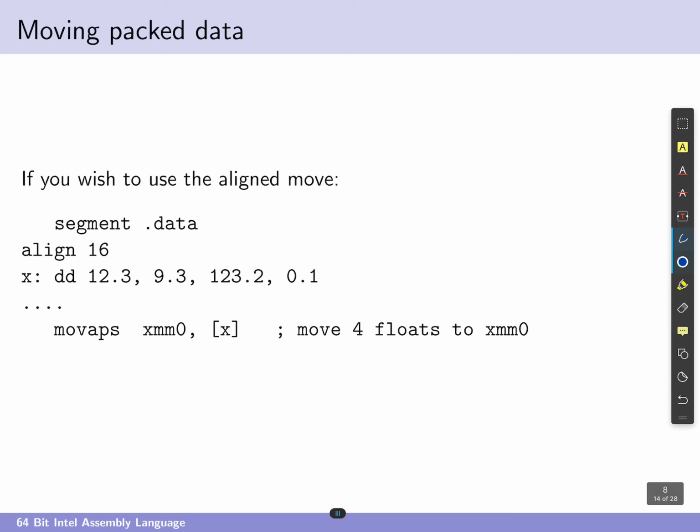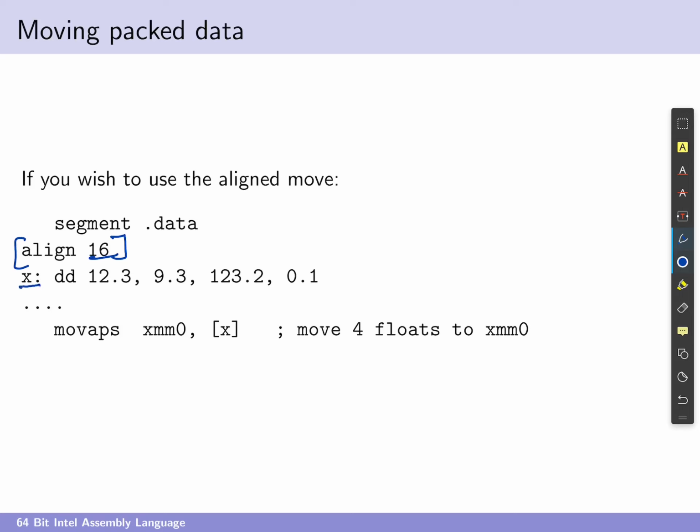So how do I actually perform an aligned packed move? I showed you an example of an unaligned move, and we can do this if we have our data in a data segment quite simply by using the align keyword followed by the multiple we want before the address of the data that we want to be on a 16-byte boundary.